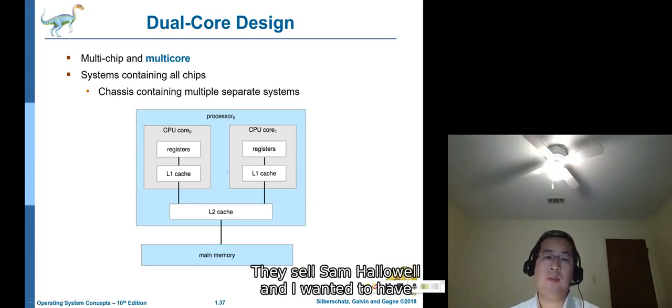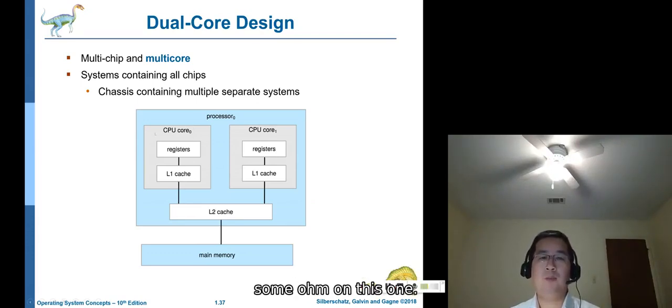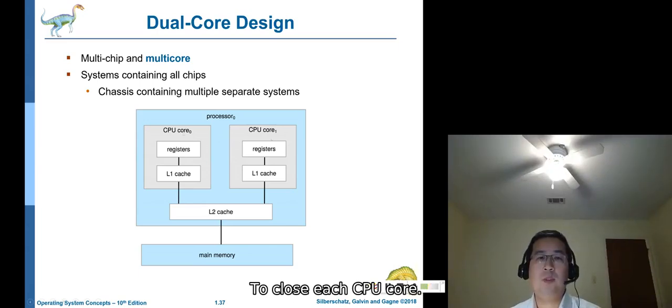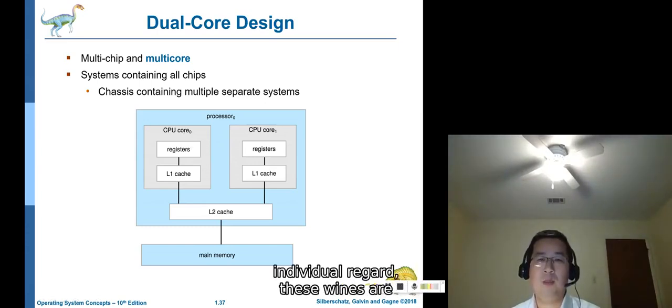Okay, they share some hardware, but also they have their own, like this one. For example, this is only one CPU processor, but it contains two cores. Each CPU core is an individual computing unit. Because this one is available to compute, they can run a task.